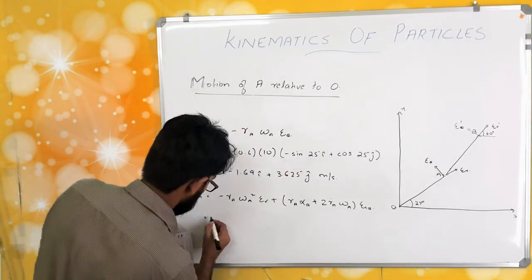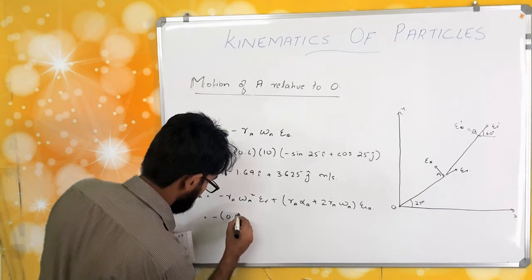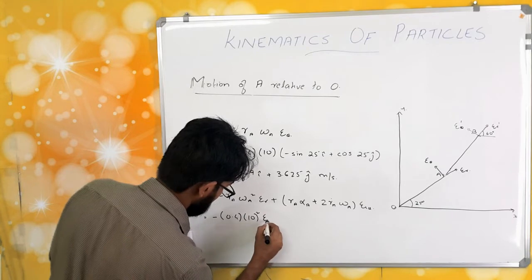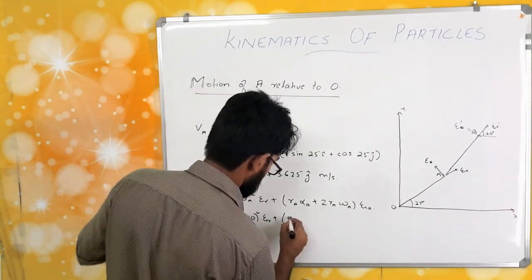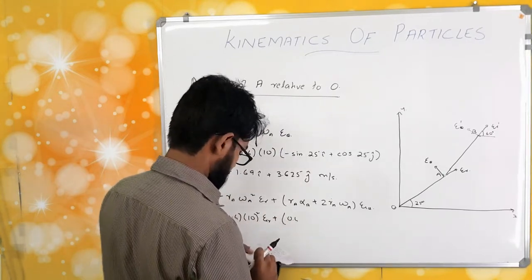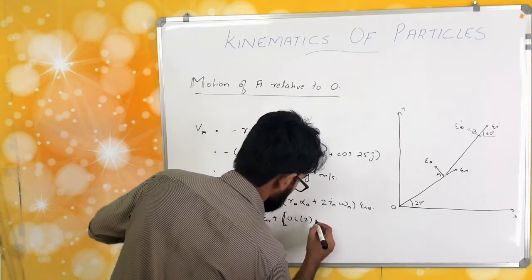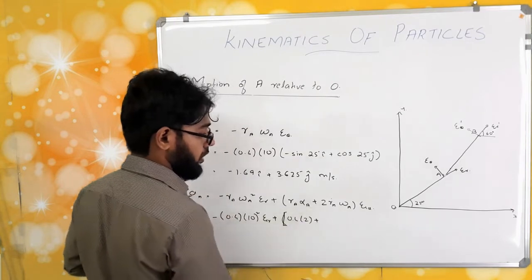So substituting the value, we will get minus RA, it is 0.4, omega it is 10 square epsilon r, and then RA 0.4, alpha A I think the value is 2, plus this corresponding value of RA dot will be equal to 0.